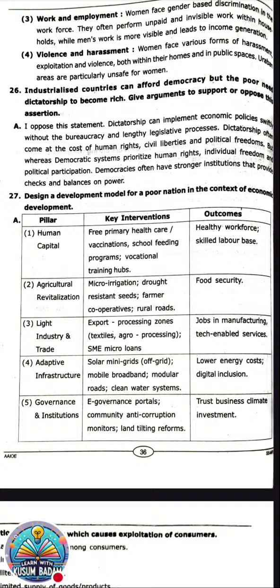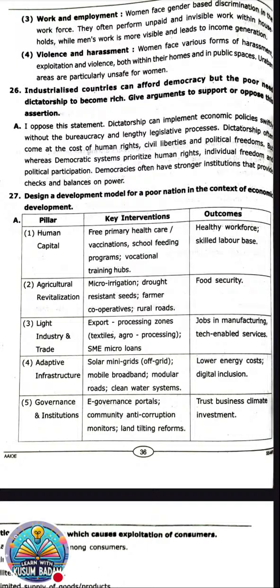Then drought resistance. Sometimes where there is no rainfall, the seeds will not germinate. So in that case, they artificially prepare the seeds, or make hybrid seeds which are drought resistant. Even during the dry season, they get germinated.